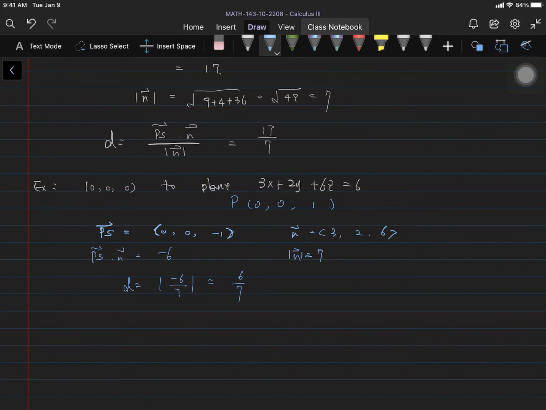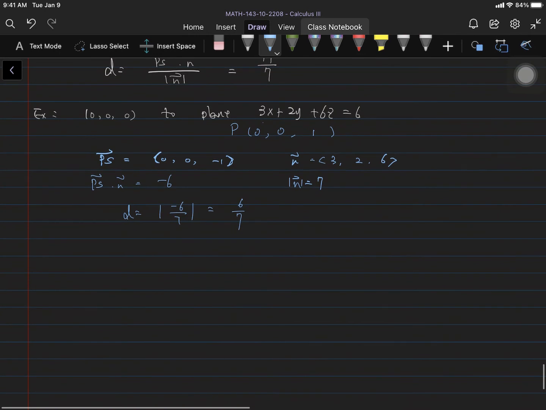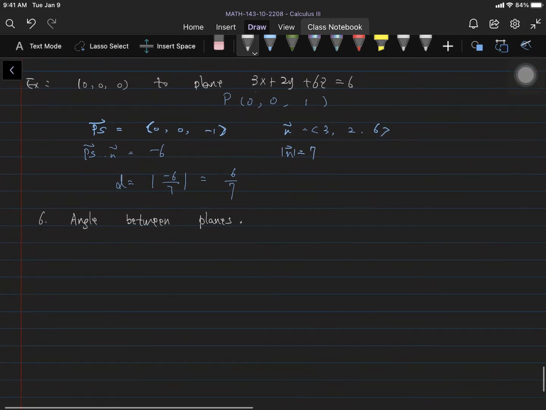The last topic is going to be the angle between two planes. Number 6, angle between planes. Actually, the angle between two planes is decided by the angle between those two normal vectors.